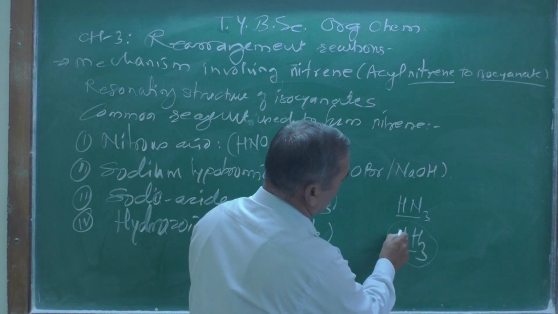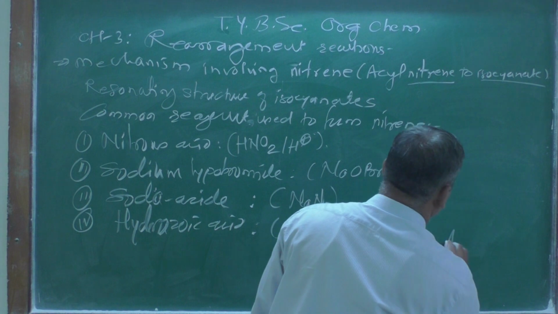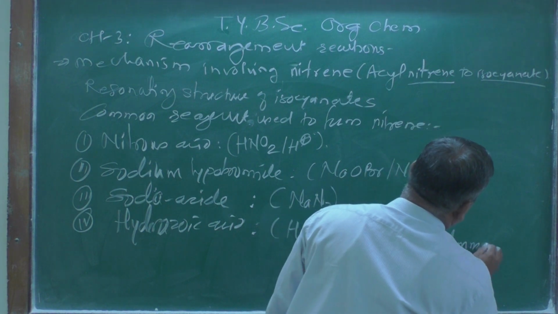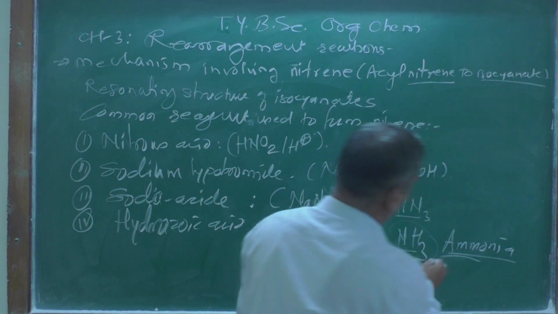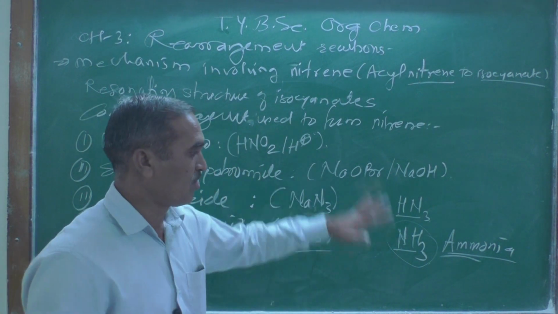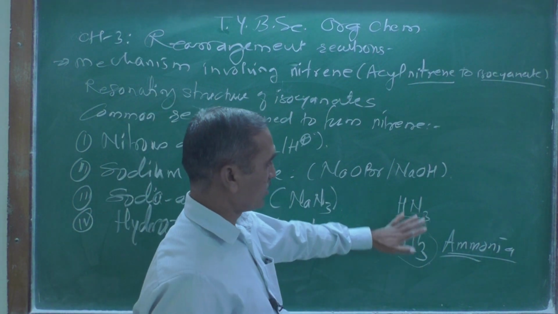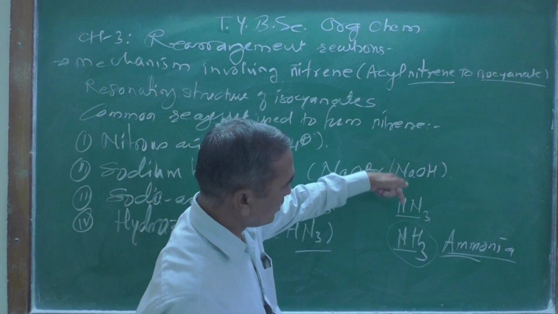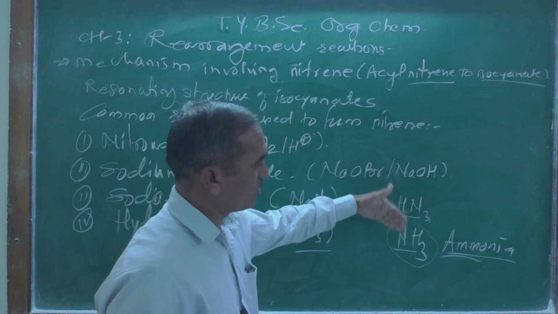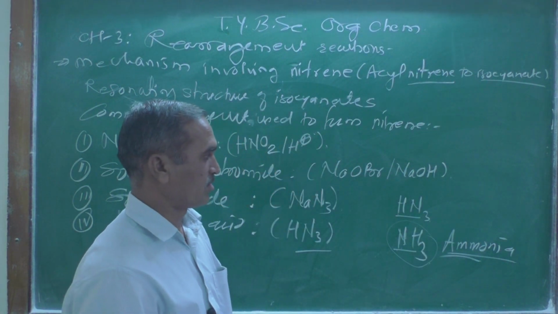As we know, NH3 is the formula for ammonia, which is synthesized from the Haber process, you know that. But here, look at its analogue, it looks like only a change in positions.